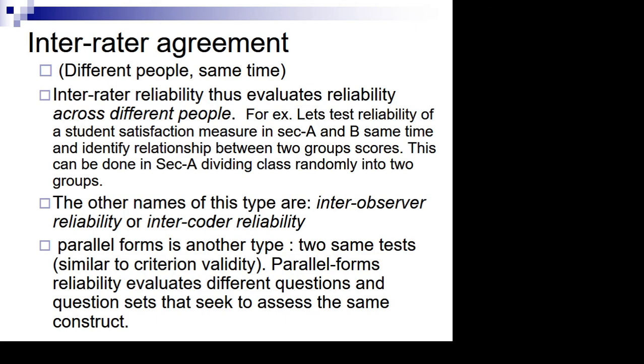So here what we do, two same tests, similar to criterion validity, where one professor's scale on loyalty and your scale on loyalty follow the same assumption. In parallel forms, I would include two scales that are measuring the concept or the research idea.